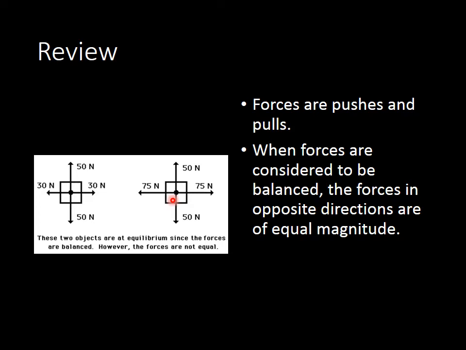So, remembering back to Newton's first law, these particular objects would be either moving at constant speed or they would be at rest. Now we're less worried about the motion in this lesson, but we are looking at these opposite force pairs.